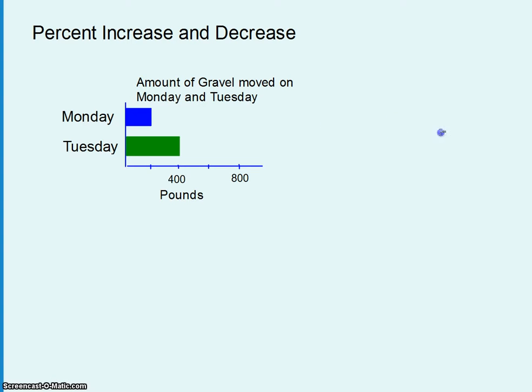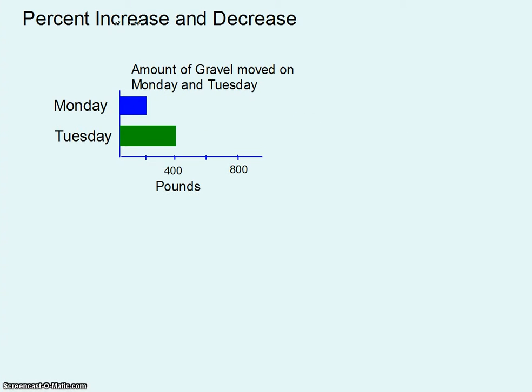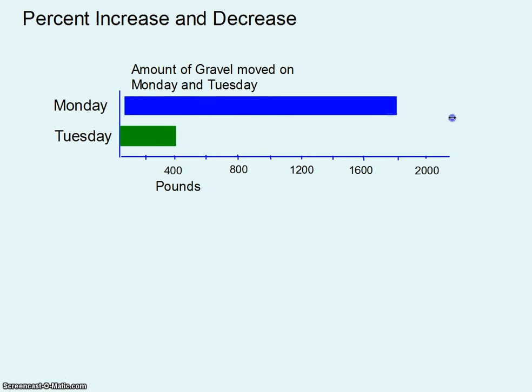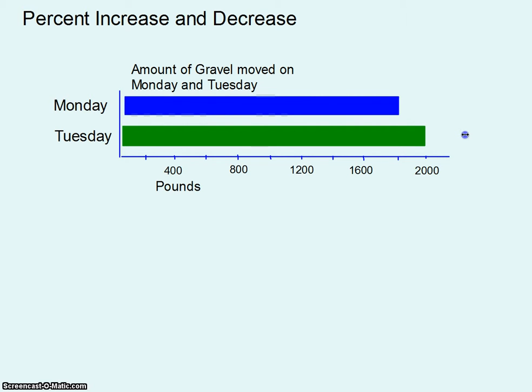Here's what I mean. Suppose that the graph looks more like this, Monday and Tuesday. Well, that's still a change of 200, okay? But it's not as drastic a change as when it was from 200 to 400.